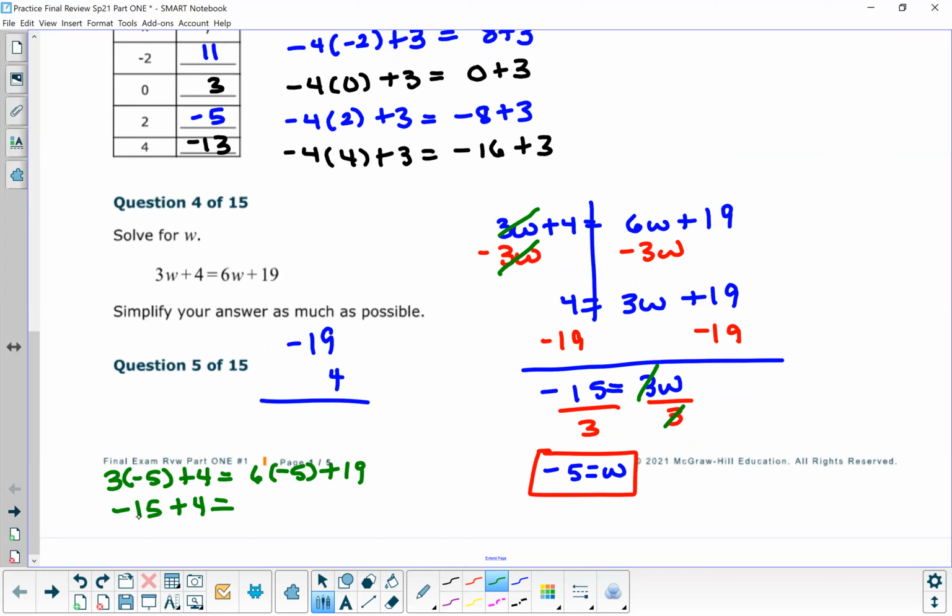So that -15 plus 4 gives us -11. On the right side, we have 6 times -5 plus 19. So that's -30 plus 19, which again gives us -11. So we do get a true statement when we substitute our solution back into the original equation. So that must mean -5 is a solution.